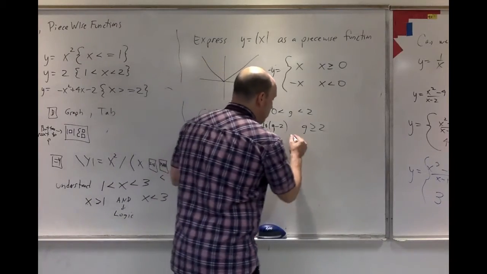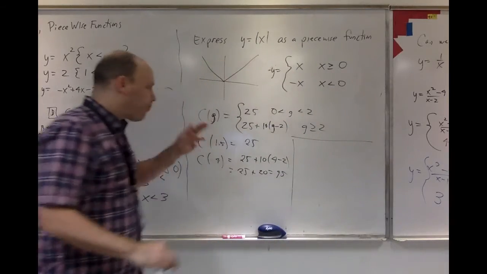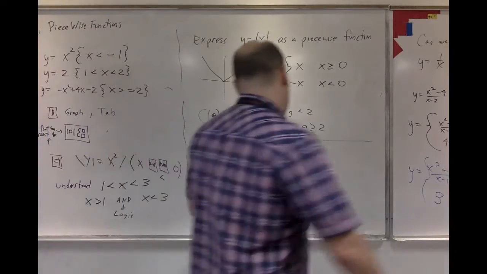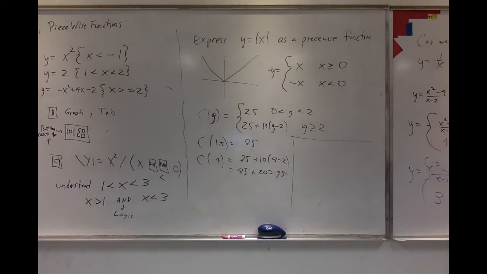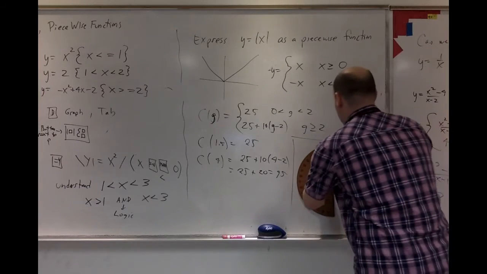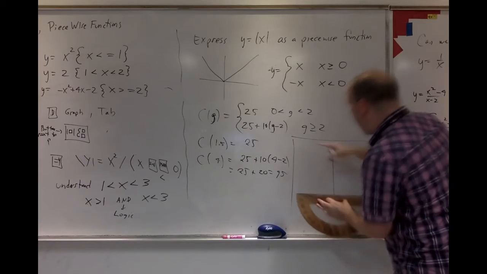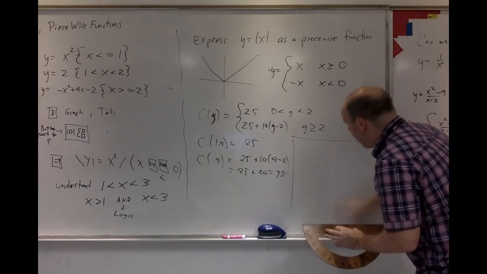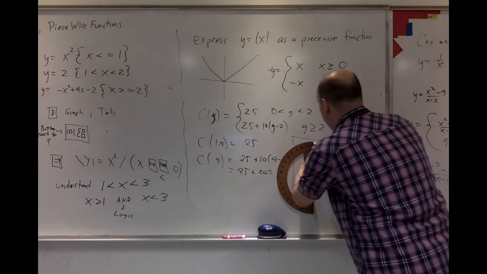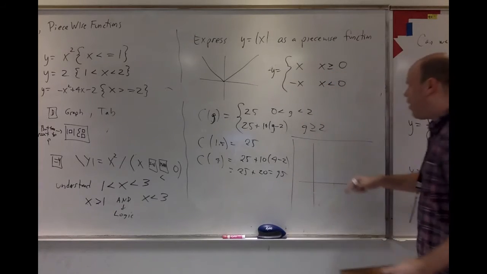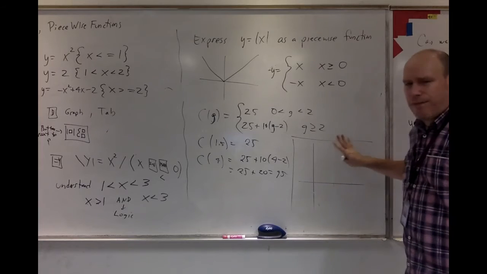Let's make a sketch of the graph. If you have to make a sketch and you know that you're only in the first quadrant, I'm making this the focus point.